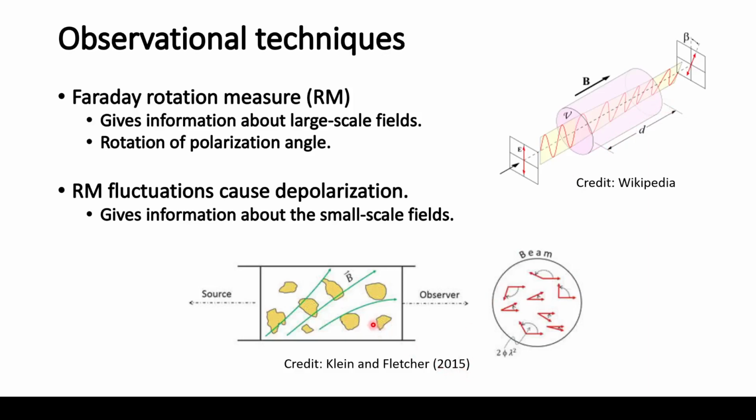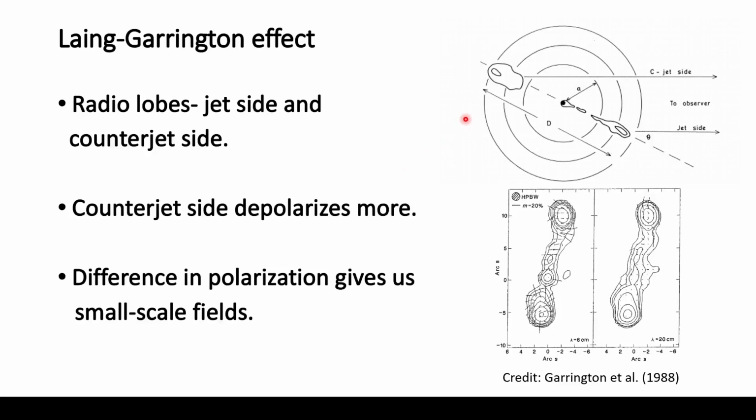Additionally, if multiple magnetoionic mediums are present in the path of an electromagnetic beam, then Rm fluctuations are present in that medium. These Rm fluctuations cause not only the rotation of the polarization angle, but also depolarization of the electromagnetic beam. In a radio galaxy, there are usually two lobes, one that points towards the observer and the other points away from the observer.